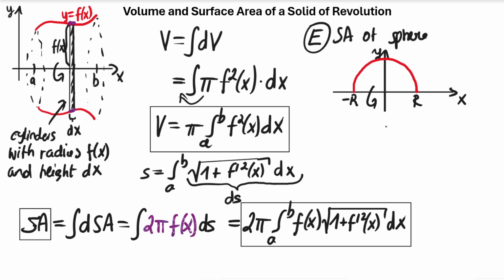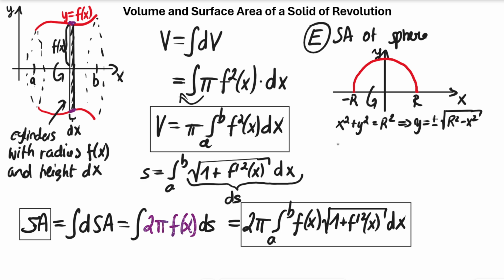So let's begin with the standard equation of a circle here, which is x squared plus y squared is equal to r squared, radius squared. You can express the y component as plus minus the square root of r squared minus x squared.